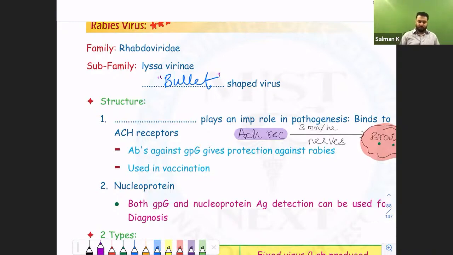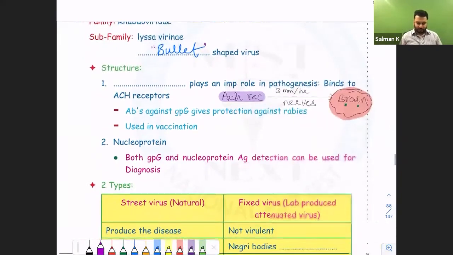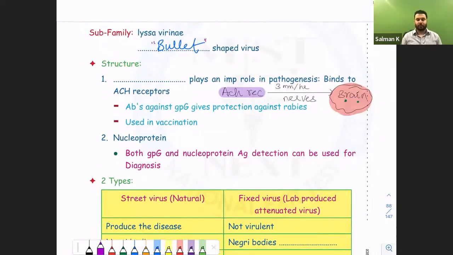Next, structure-wise, there are two parts, glycoprotein G and nucleoprotein. There are two antigens you are seeing here. One is glycoprotein G and the second is what? Nucleoprotein.